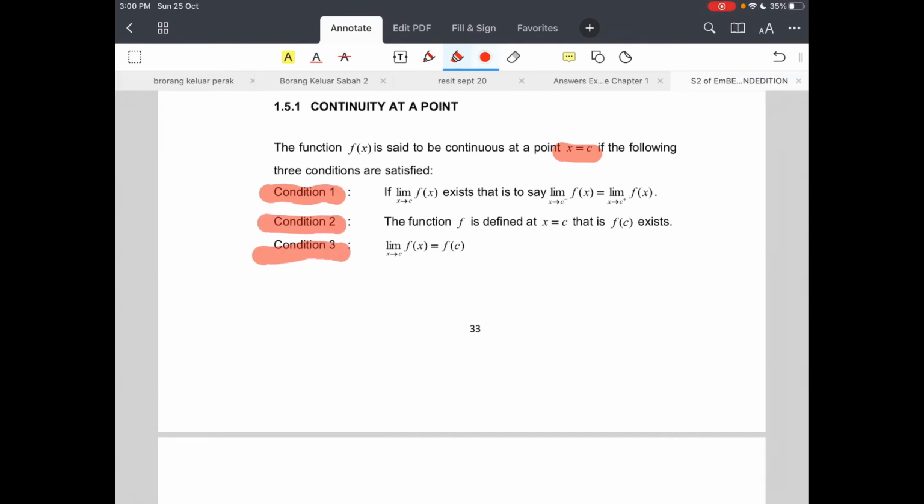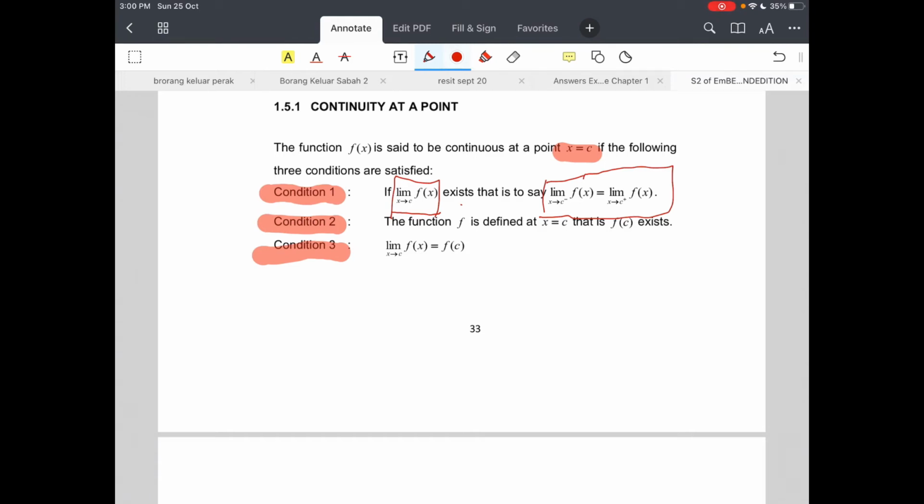This is very important for you to remember. Condition number 1: if the limit as x approaches c of f(x) exists, then the limit as x approaches c from the left side is equal to the limit of f(x) as x approaches c from the right side.